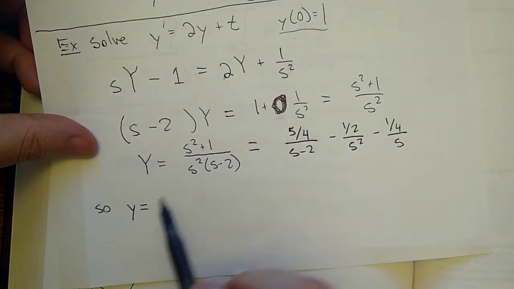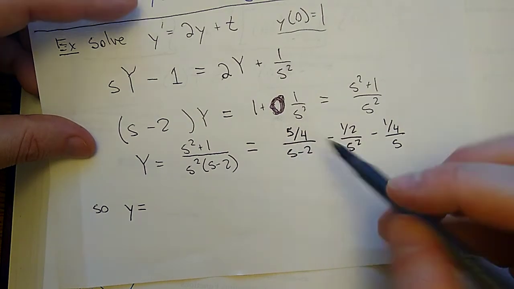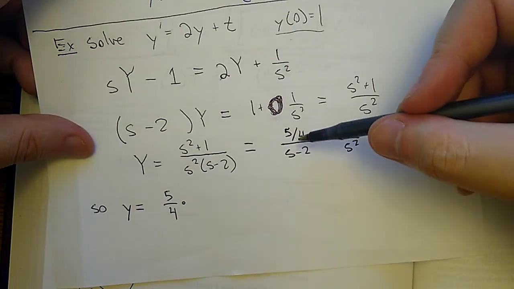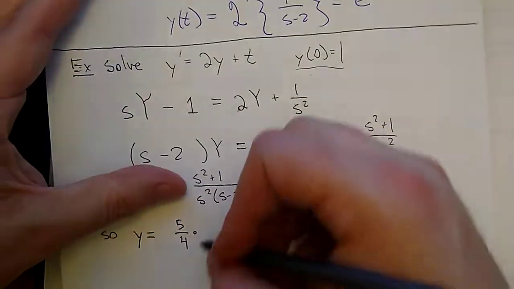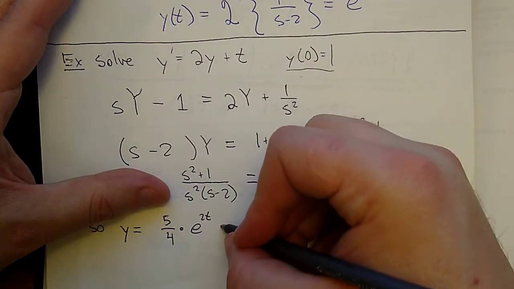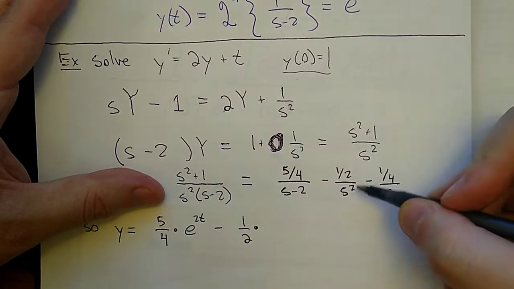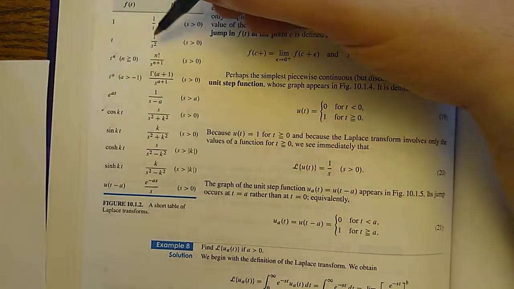So the original function y is going to be, okay, first of all I have the inverse Laplace transform of this, which is going to be 5/4, because the constant comes right down. And then 1 over s minus 2, that one was here, that's e to the 2t, minus 1/2 times, what's the inverse Laplace transform of 1 over s squared?